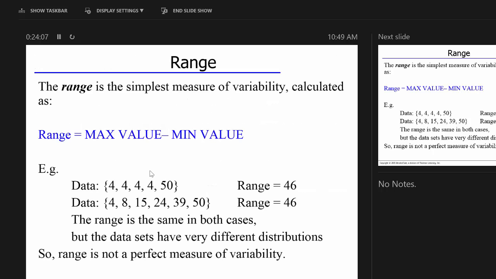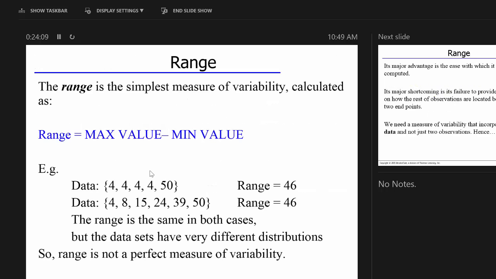All right, so let's start with a simple one, range. Range is insanely easy to compute. All we have to do is take the highest and subtract the lowest. But as easy as it is, it's probably equally useless as a measure of variability, and we'll see why. First data set has only 5 numbers. I have 4, 4, 4, and then 50.